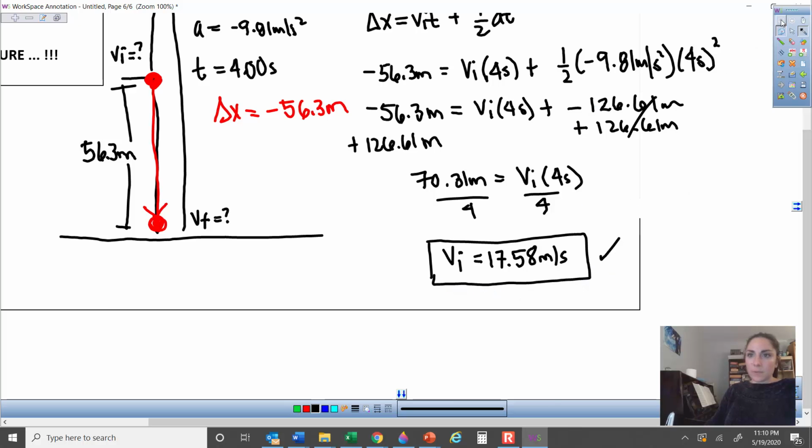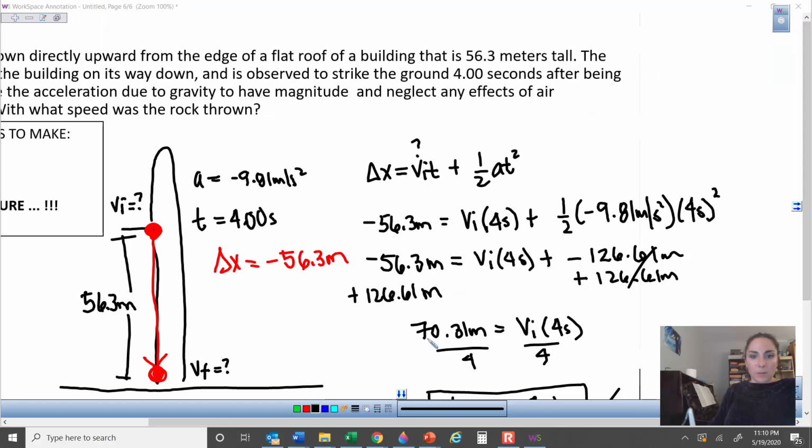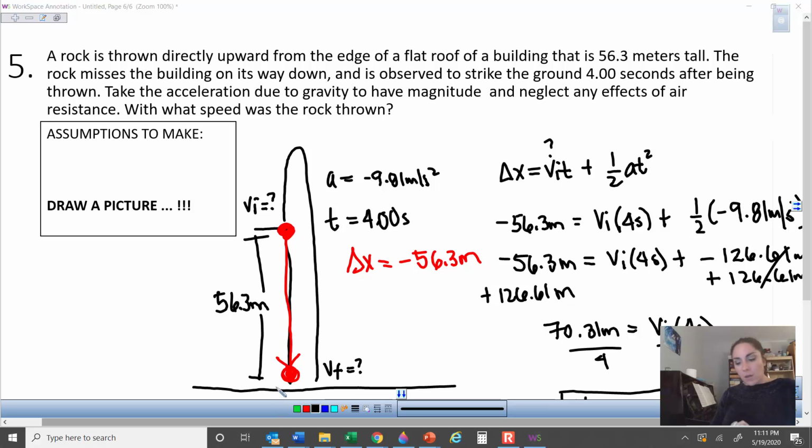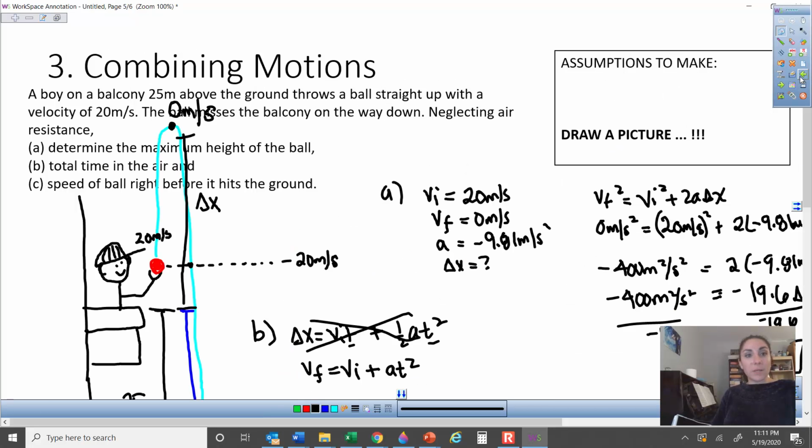All right. Okay. So there you have it. Several different types of problems. Not all one size fits all. Very important to model your direction of your signs. You'll definitely see problems like this, and I'll just advertise now that I like problems like this one on your exam because I'm not looking so much that you can plug and chug. I'm looking to see if you can analyze a question.